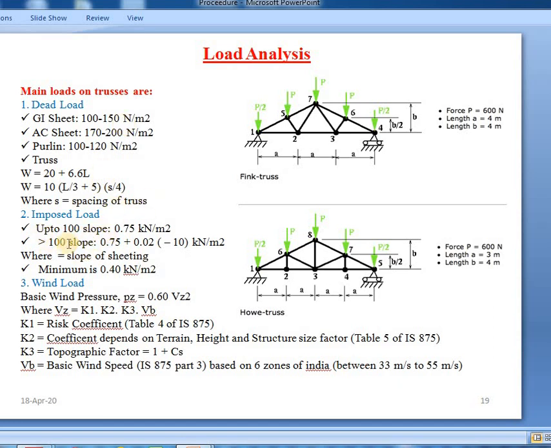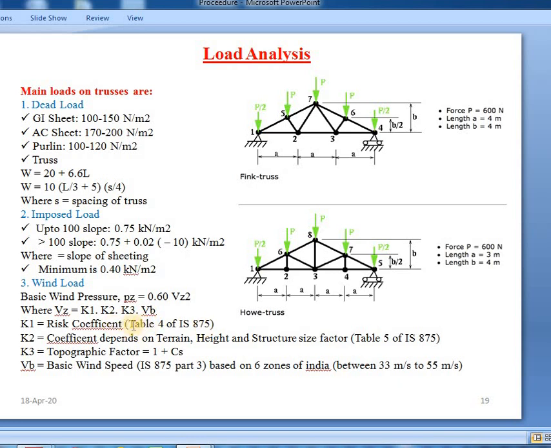And coming to imposed load, same, you should remember this. And coming to wind loads, basic wind pressure, this is the formula: Pz is equal to 0.6 into Vz square. Again Vz is equal to K1 into K2 into K3 into Vb. Now K1 is the risk coefficient. This risk coefficient is available in IS 875 part 3 table number 4.